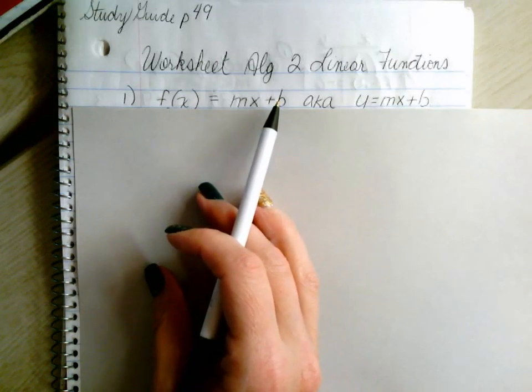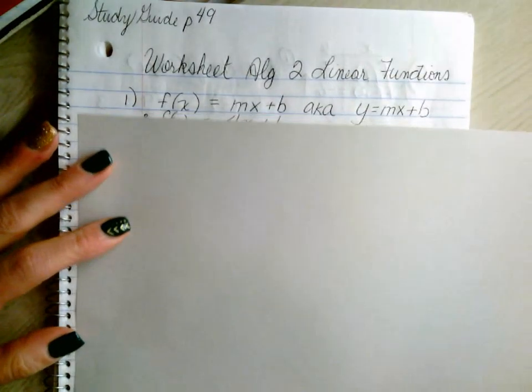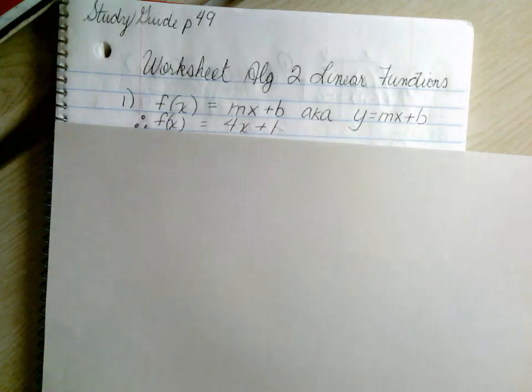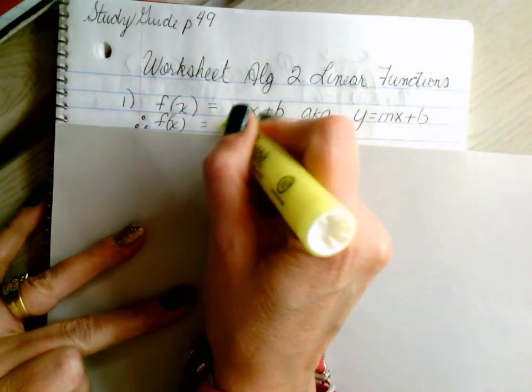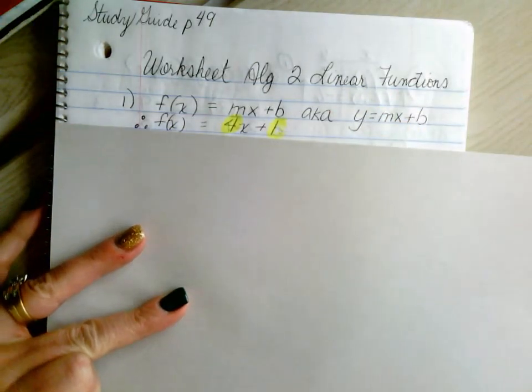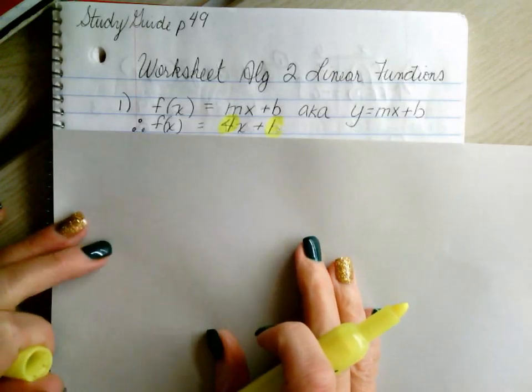Number 1 says, if m is 4 and b is 1, what is the equation? Okay? This is the worksheet you guys have. Well, simply plug in the values that they gave you, and you have your equation.